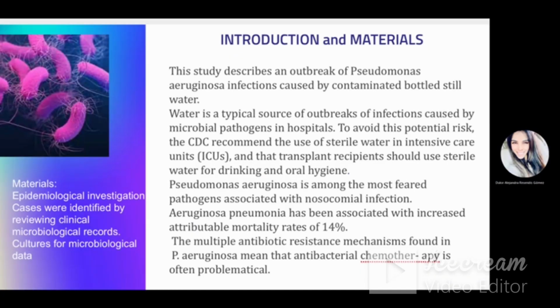An outbreak of hospital-acquired Pseudomonas aeruginosa infection caused by contaminated water. In the intensive care units, water is a typical source of outbreak of infections by microbial pathogens. The CDC recommended to use sterile water, humidifiers for drinking, and oral hygiene.